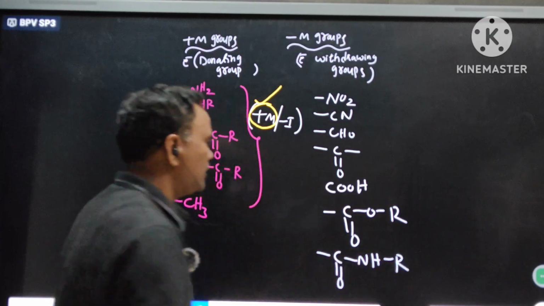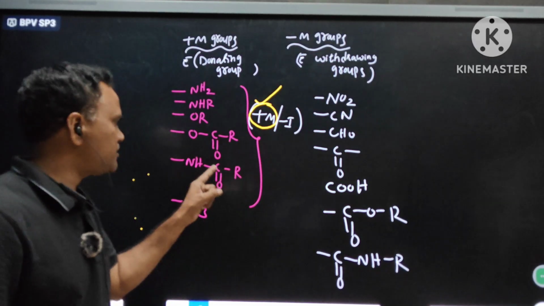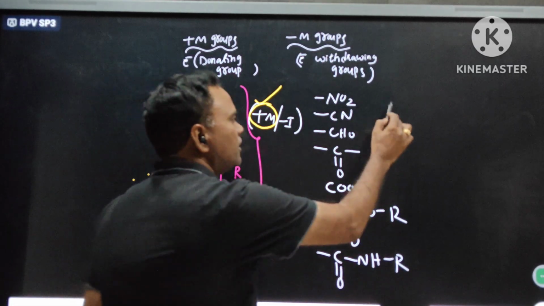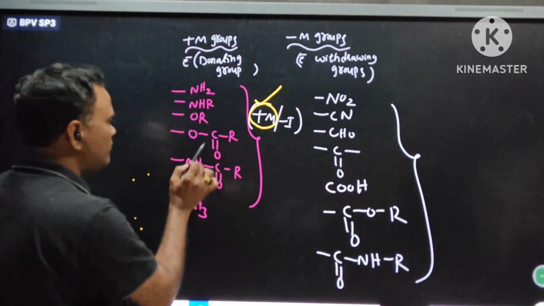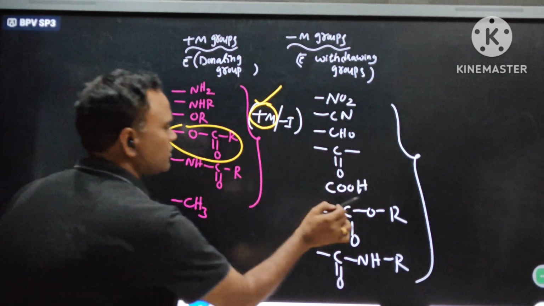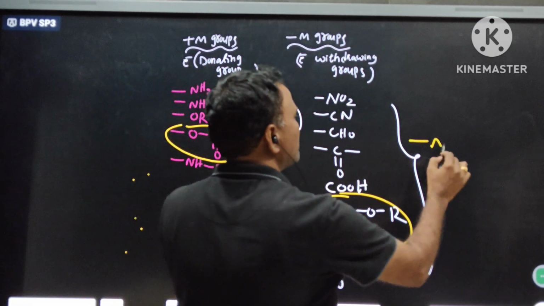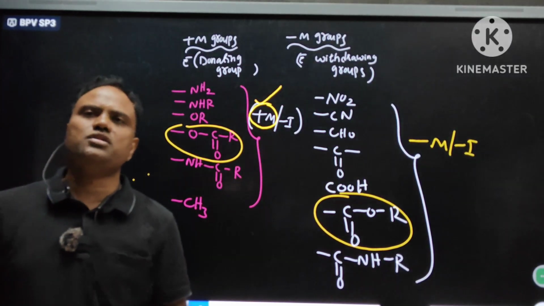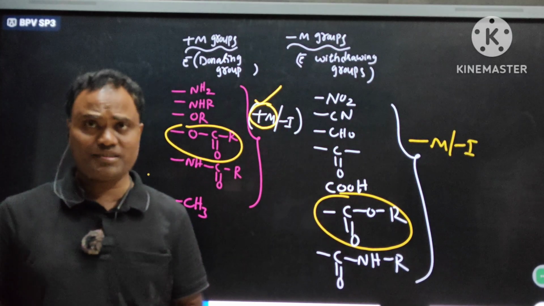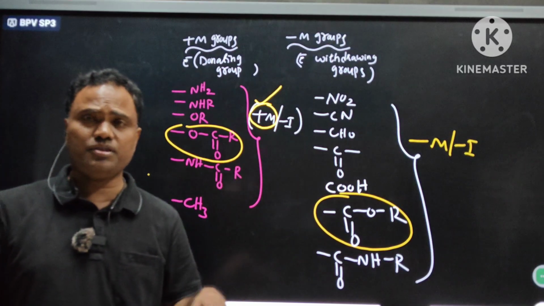So ester behaves as both plus M and minus M. Once observe these circles, all of you. Ester: plus M, minus M. Which of the following functional groups act as both plus M, meaning donating group, and minus M, meaning withdrawing group?